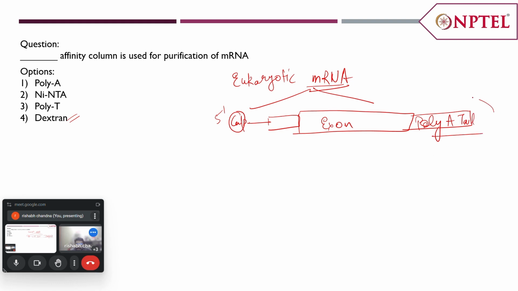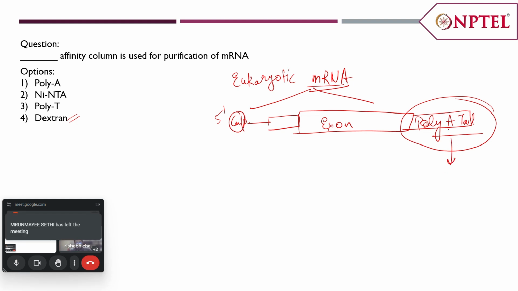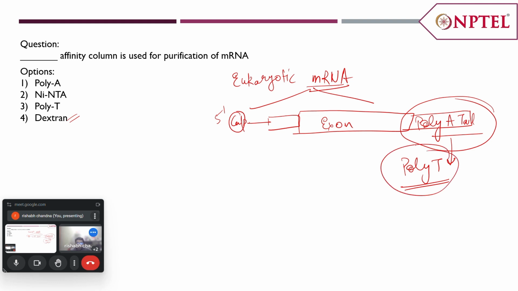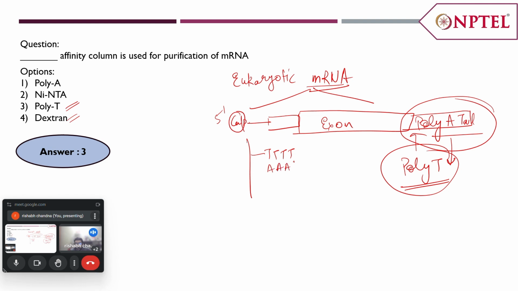Okay, so this poly A tail is generally used to separate or purify the mRNA. Okay, so in that case, poly T will be used as a method to purify this particular thing. Okay, so the correct answer is option number 3. So an affinity column that is labeled with poly T will be able to purify the RNA that would have a poly A tail. So this would be the mRNA.